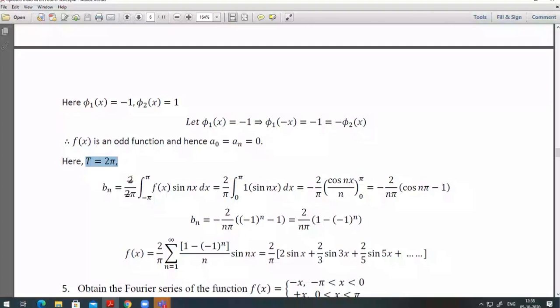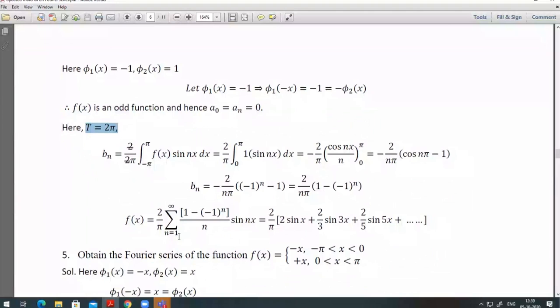If n is even, this term is 0. Only if n is odd do we get non-zero terms. Simplifying, the required Fourier series f of x is 2 by pi, summation from n equals 1 to infinity of 1 minus minus 1 power n divided by n, times sin nx.